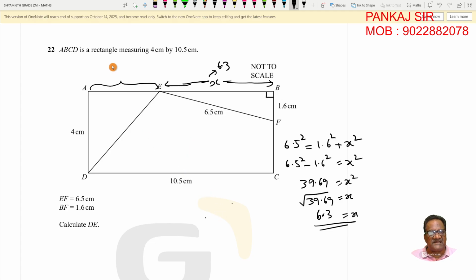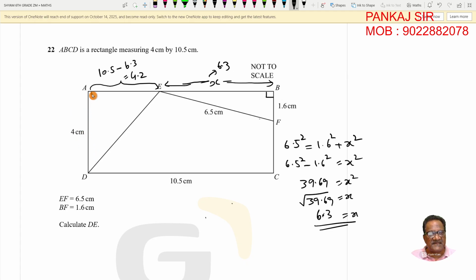So don't you think this will be 10.5 minus 6.3? So let us work out how much is that. So 10.5 minus 6.3 happens to be 4.2. Okay. So I am getting AE as 4.2 and this is already 4.